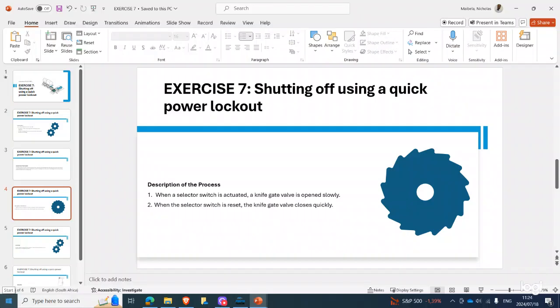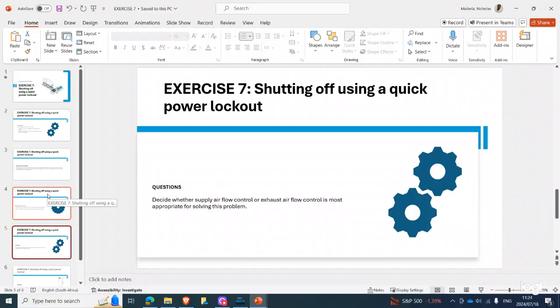So now they're saying when the selector switch is actuated, a knife gate is open slowly, which means the cylinder advances slowly, right? And then when the selector switch is reset, the knife gate closes quickly, right?